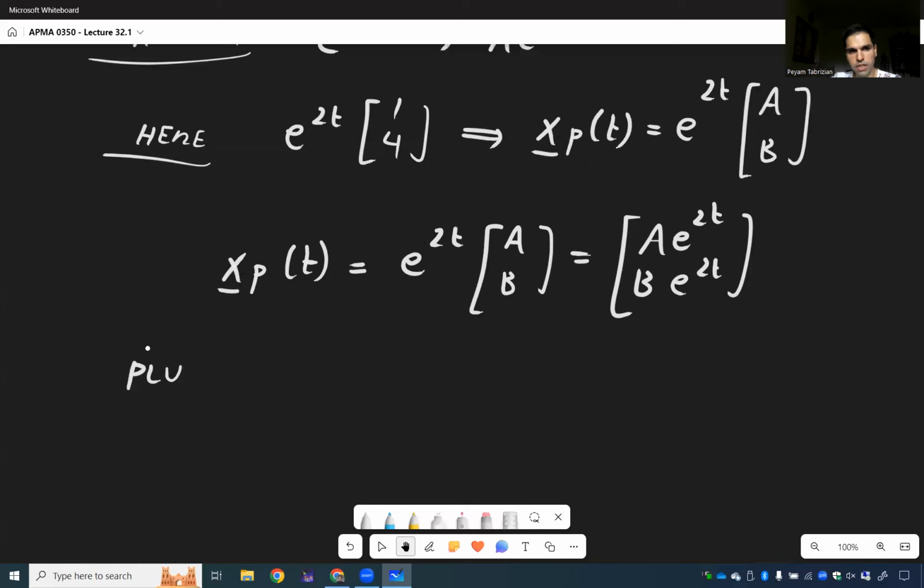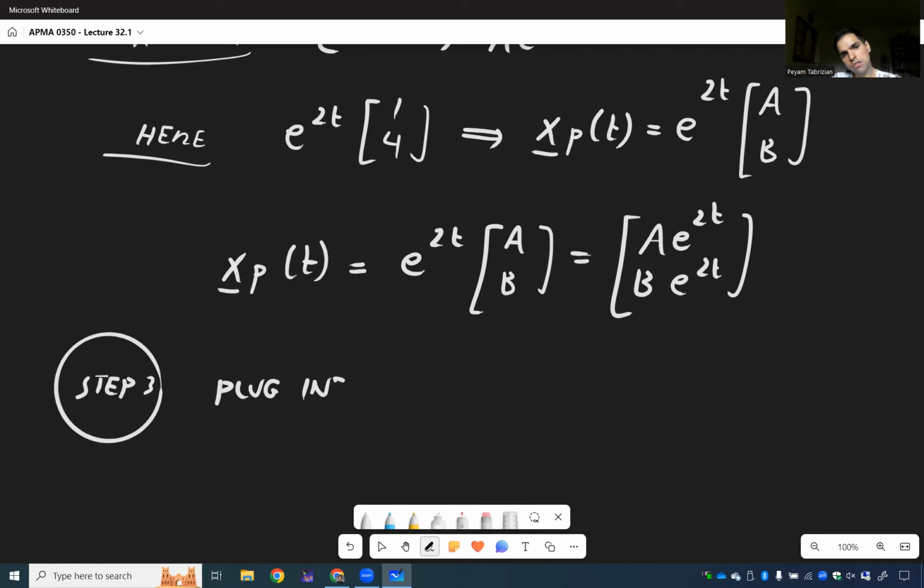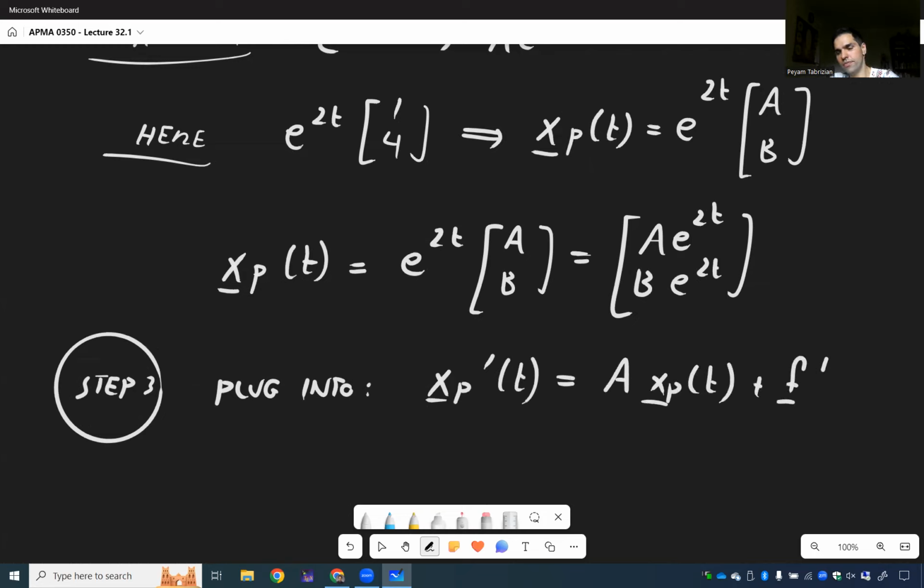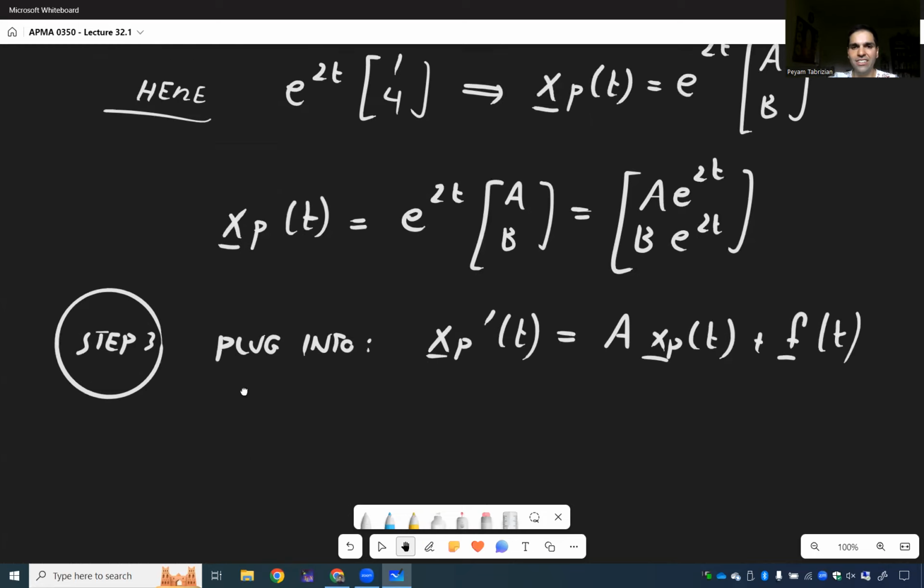Maybe that's step 3. So plug into our ODE, which was xp prime of t equals A xp plus f of t. So don't confuse this matrix A with that constant a.